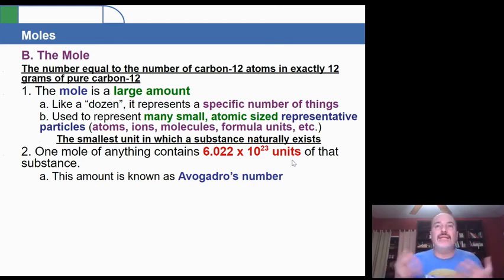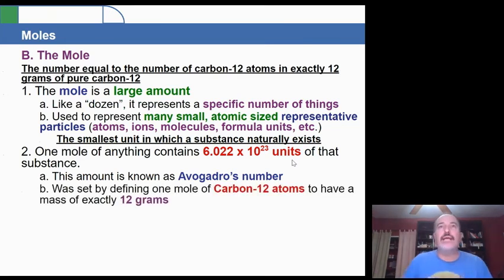You see, it is the conversion that we use to go from the realm of AMUs, or U's, to things that are measured in grams. So whatever the atom or molecule weighs individually in U's, that's what a mole of them is going to weigh in grams.